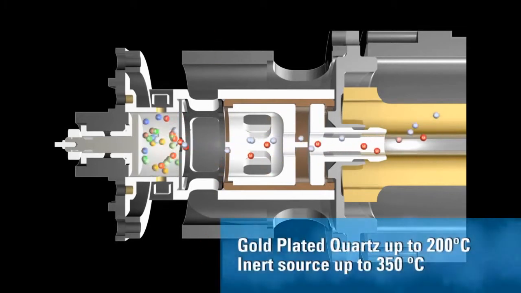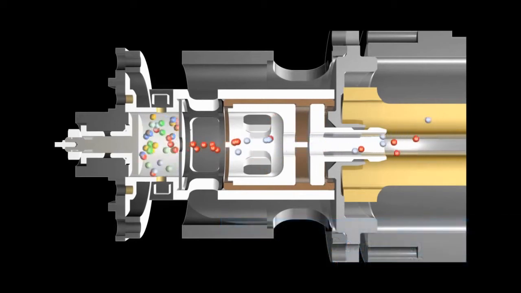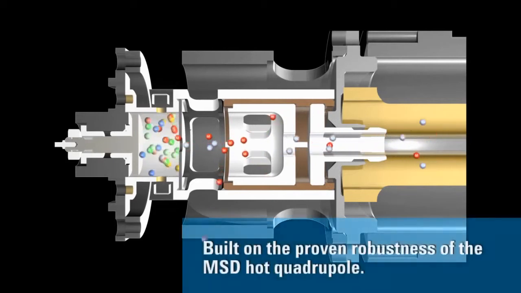These include an inert source operating at up to 350 degrees Celsius, and a quartz quadrupole operating at up to 200 degrees Celsius. With 35 years of MS experience, Agilent built the 7000 around the unique hot quartz analyzer of the MSD, not the cooler metal quadrupole rods used for LC-MS-MS.